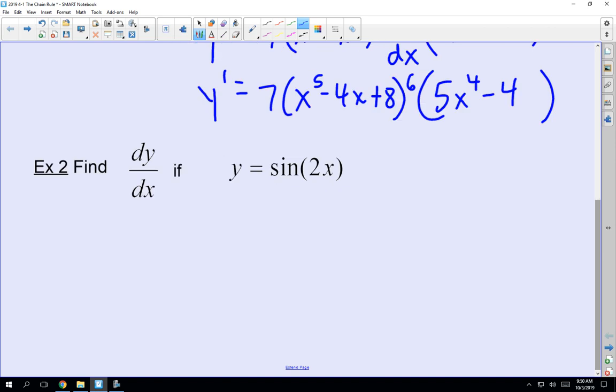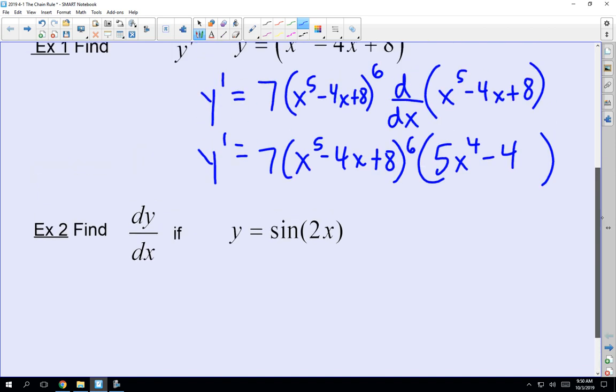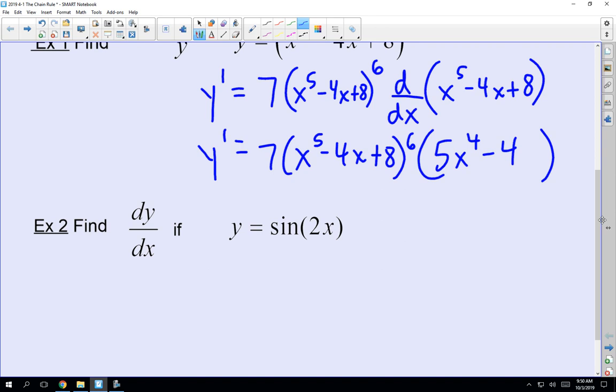All right, here's our sine of 2x. So find dy dx if y equals sine of 2x. So dy dx equals the derivative of the outer function, which is sine.